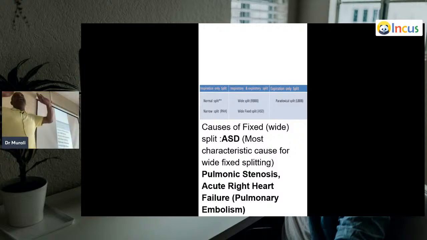Let us take ASD. First of all, why does wide split occur in ASD? In ASD, how is the shunt happening? Left to right or right to left? Left to right.